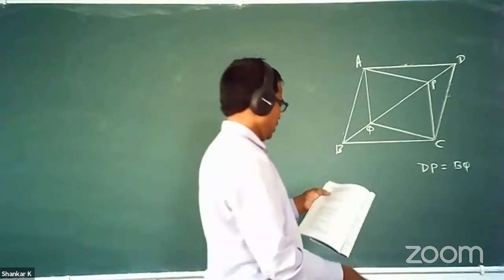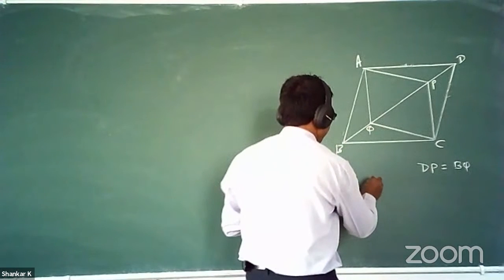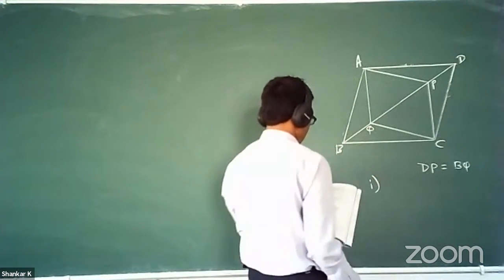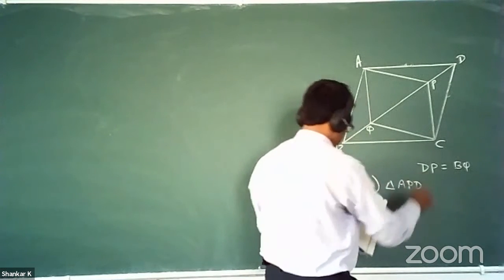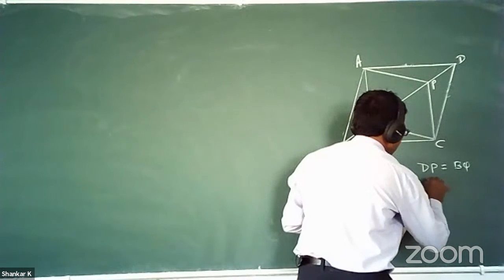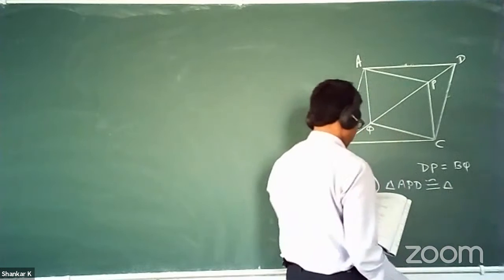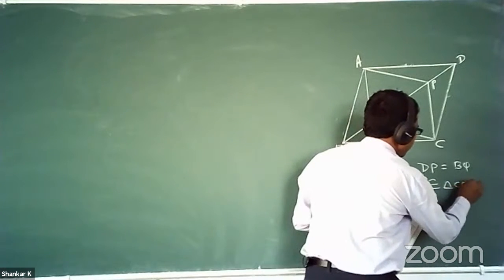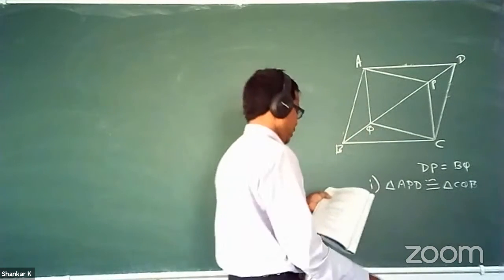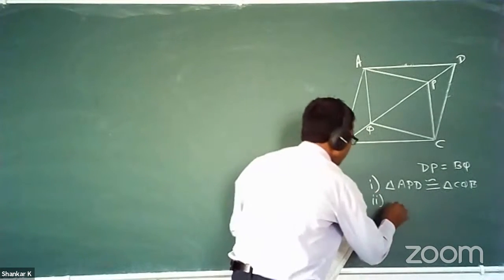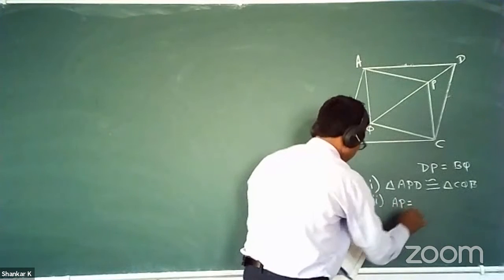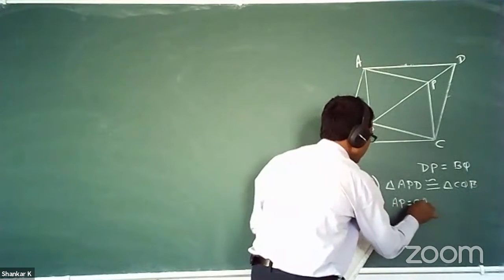Show that triangle APD is congruent to triangle CQB. This is what we said. First point. Second point, it is told to prove AP equal to CQ.